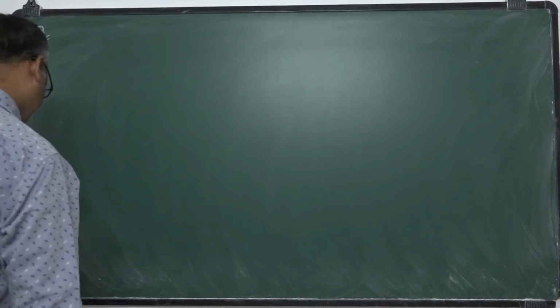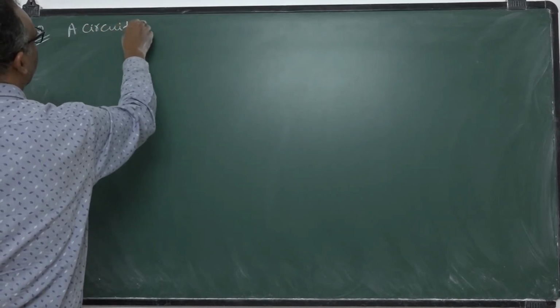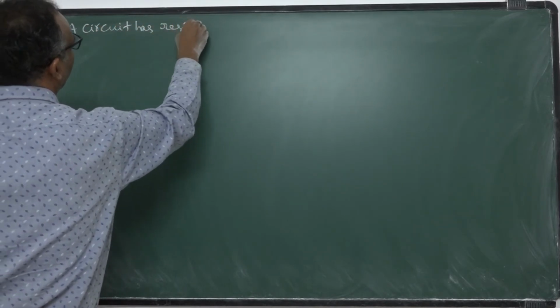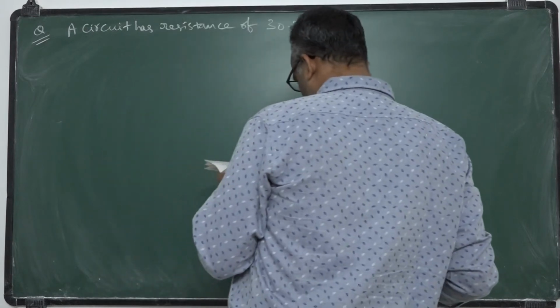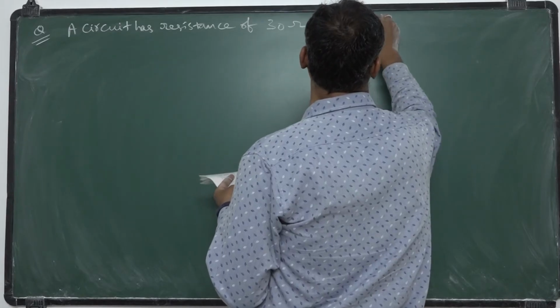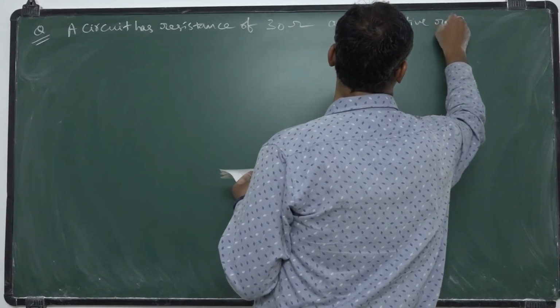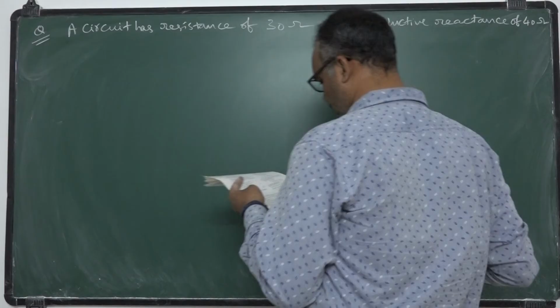One more question. A circuit has a resistance of 30 ohms and inductive reactance of 40 ohms in series.